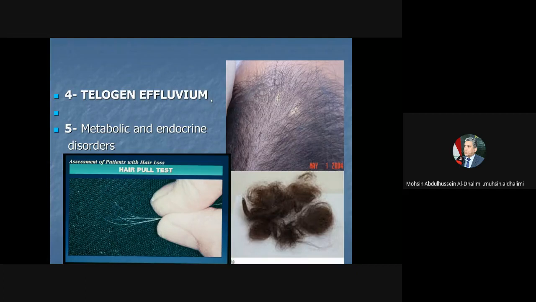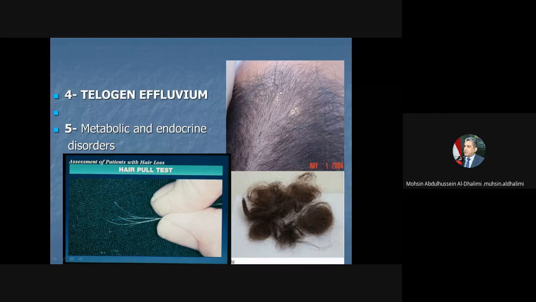Here, when the patient is exposed to a certain stressful condition like psychological stress, severe or high fever, surgical operation, pregnancy, labor. After this stressful condition, the hair starts to fall in a large amount.